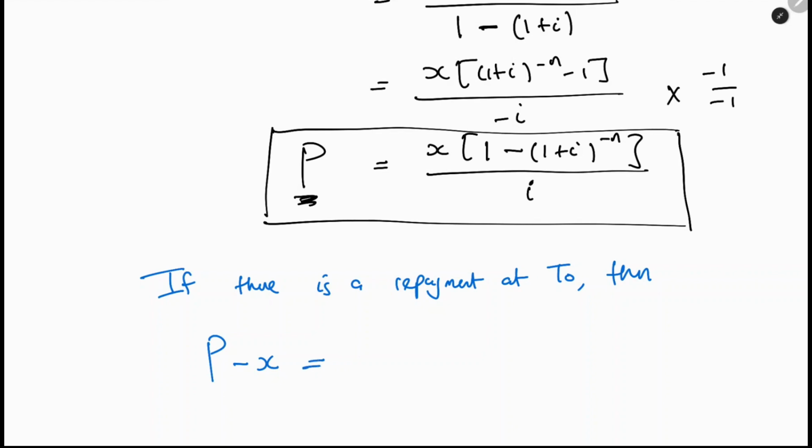So P minus x becomes the new P, and everything else stays exactly the same. If we think about it, that makes sense, because if I'm going to loan you 100,000 and you immediately pay back in that same moment 10,000, it's the same as if I'm just loaning you P minus x, which would just be 90,000, and everything proceeds as we know it.